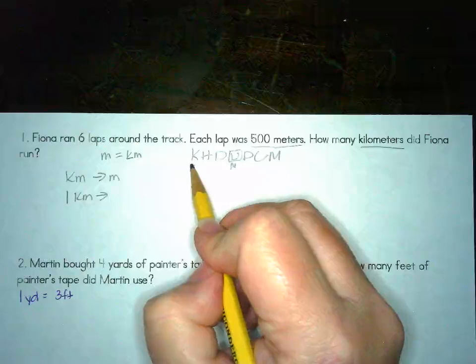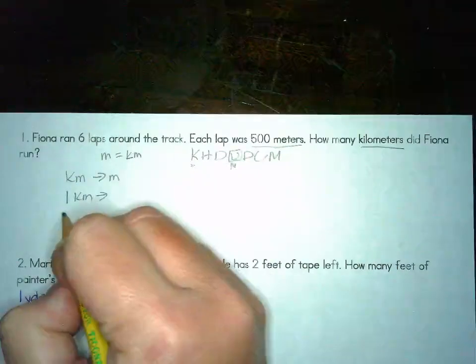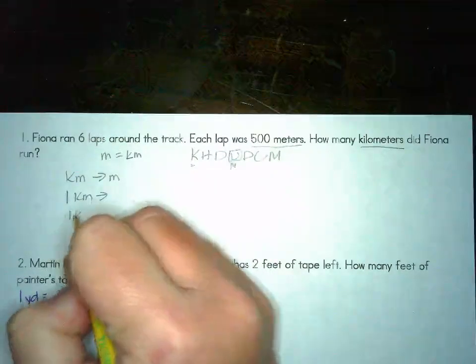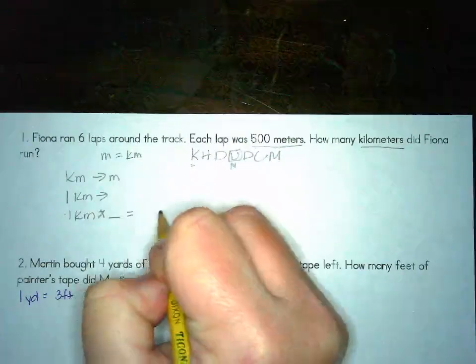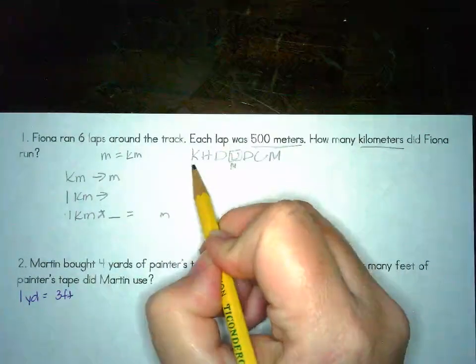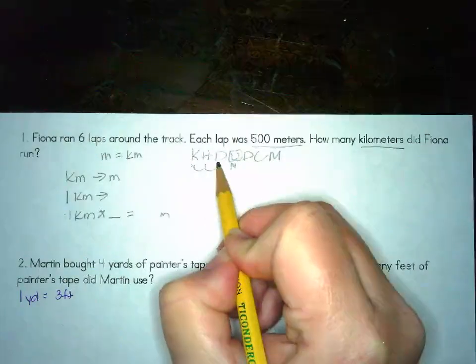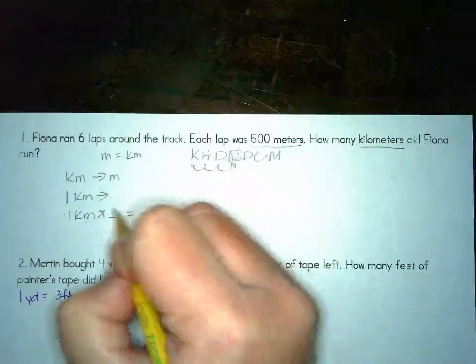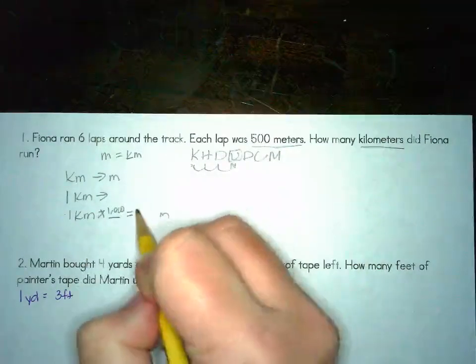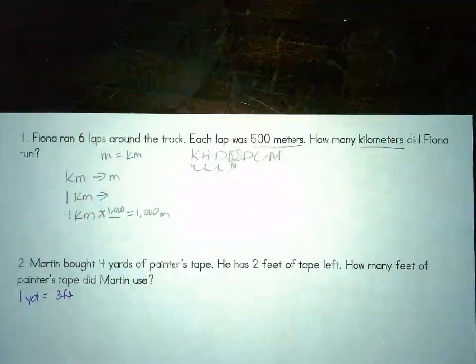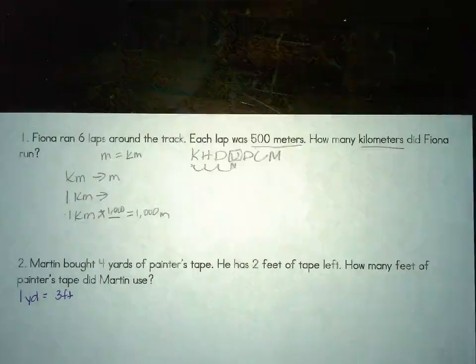I'm going to figure out what I need to multiply by. 1 kilometer times something equals my meters. So I'm going to move times 10, times 100, times 1,000. So 1 kilometer is equivalent to 1,000 meters, okay?